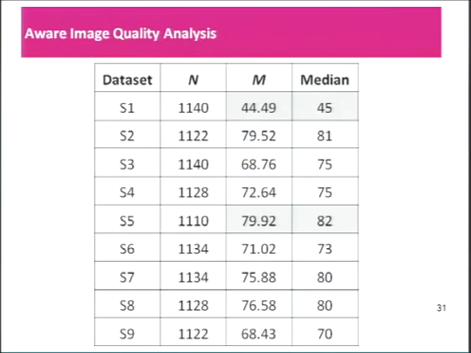Looking at this table of the average image quality scores, you can see data set S1 had the lowest image quality score, and data set S5 had the highest image quality score. If you relate this back to the minutia count table, S1 had the highest minutia count, and S5 had the lowest minutia count. So there's obviously some kind of relation between minutia count and image quality going on.